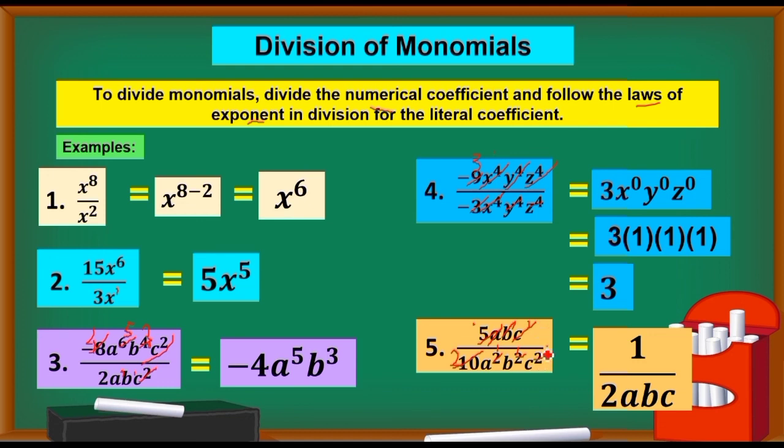Ang matitira kay denominator ay 1. So, ano mapapansin nyo? Diba, mawawala na po yung value dito sa taas. Ma'am, hindi po ba 0 ang ilalagay? Hindi. Ang ilalagay po natin ay 1. Kasi, magiging 1 na po sila lahat. So, kaya ang naging sagot natin ay 1 over 2abc.